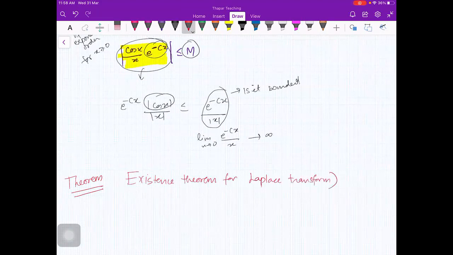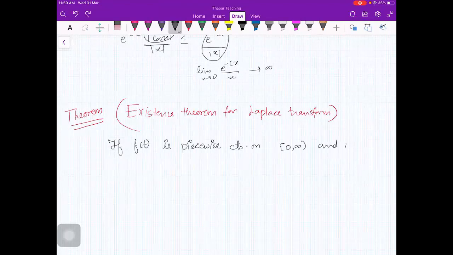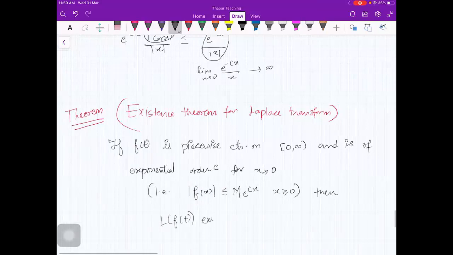What this theorem says is that if f is piecewise continuous on 0 to infinity, and is of exponential order c for x greater than equal to 0, that is, we are saying mod of f of x is less than or equal to M e^(cx) for x greater than equal to 0, then L of f of t exists for s greater than c.